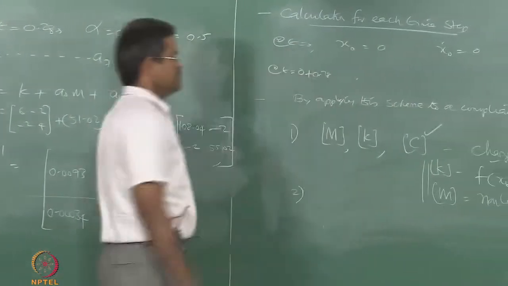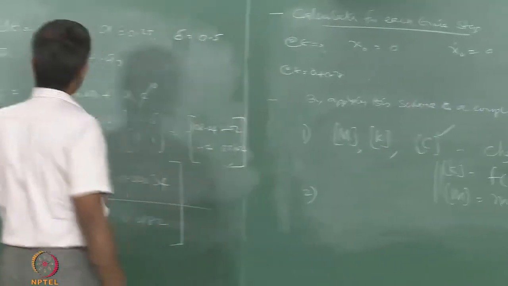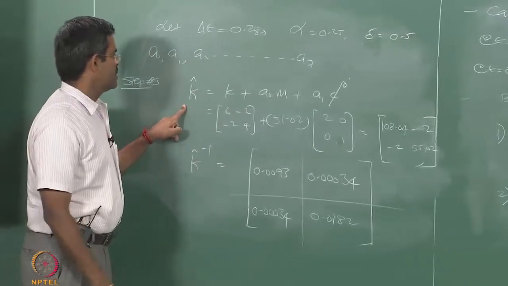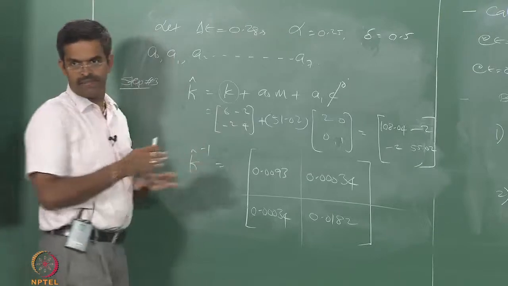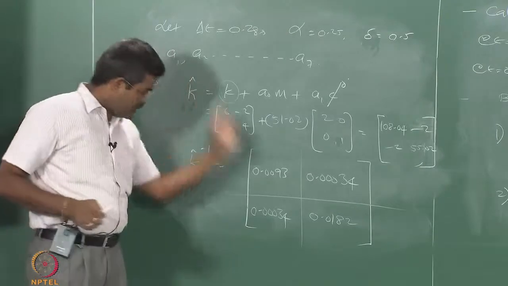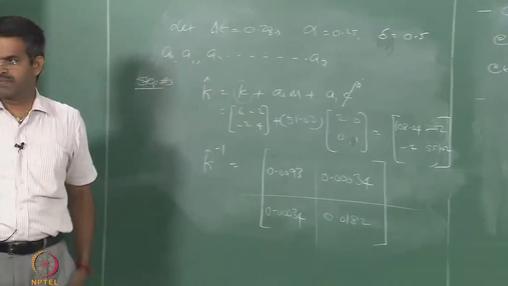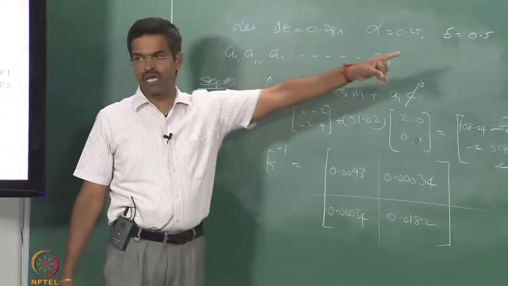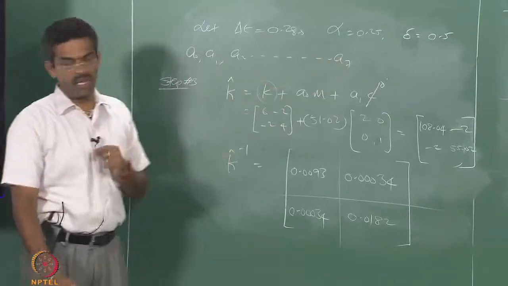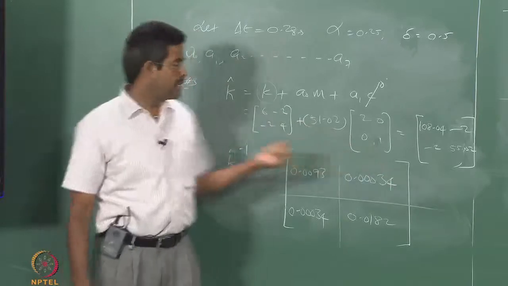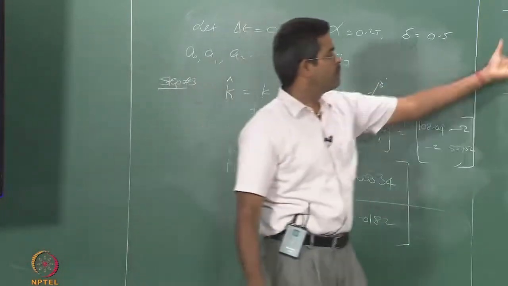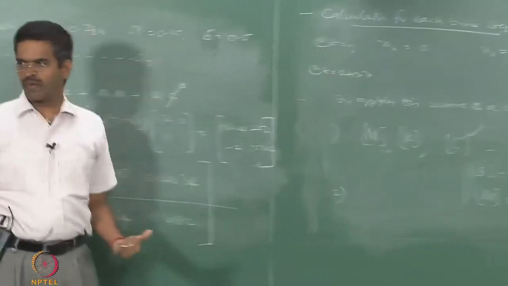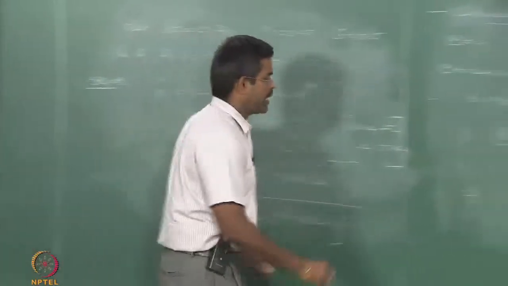Second, now you look at the equation for k hat. K hat is a function of k, which is a function of x. K hat in this algorithm is constant. It is out of the loop of the calculation every time step. Whereas in our case k hat will get into the loop because k hat becomes a function of displacement, but displacement is actually an unknown. So this is another issue, k hat.